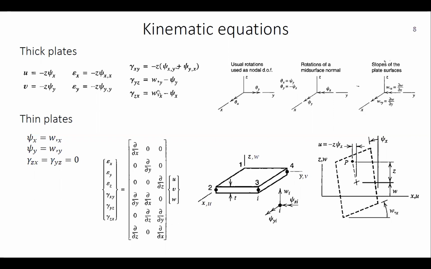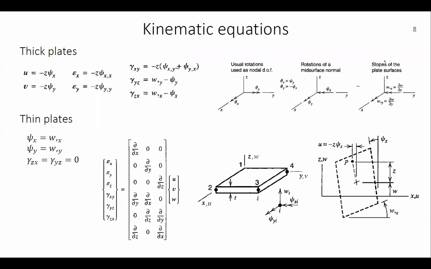So we have w prime y minus Cy, and similar for the zx components. So the shear strains, or all the strains, are governed by this matrix. So that's the general expression for thick plates.